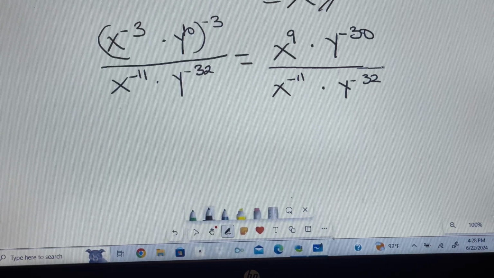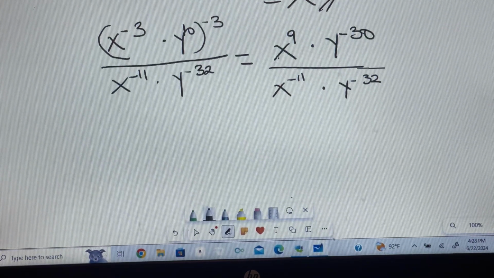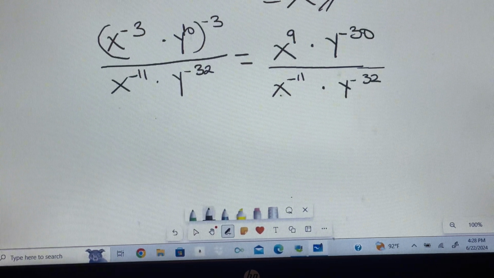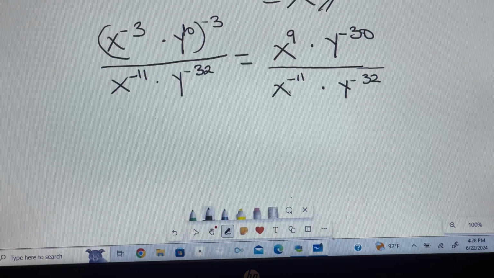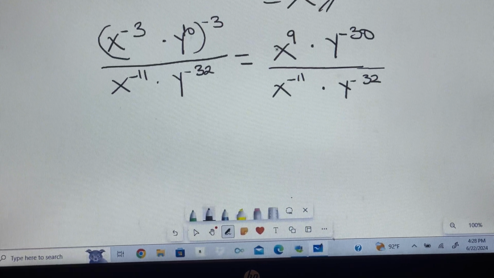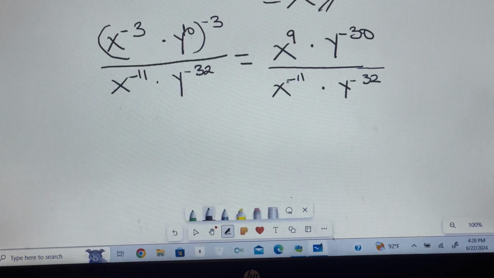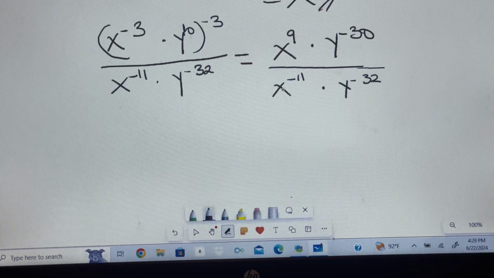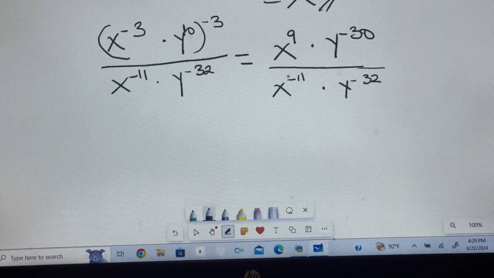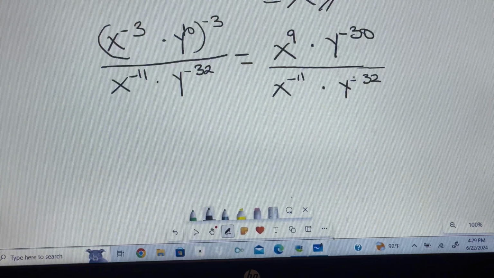For us to do anything now, you have to check the bases. When you look at the numerator, the bases are not the same. You look at the denominator, the bases are not the same. But when you look at it the other way, this and this have the same base, and this and this have the same base.